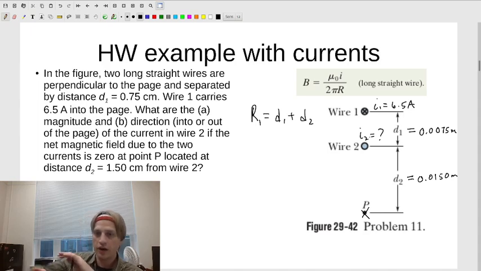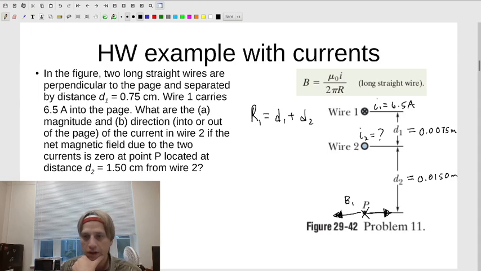Now, if you use your right-hand rule, you can figure out pretty easily that the magnetic field from wire 1 is pointing to the left. So there's your B1. Hence, your magnetic field from wire 2, if the total magnetic field at that point is 0, remember we're adding magnetic field contributions like vectors, would have to be pointing the opposite direction.